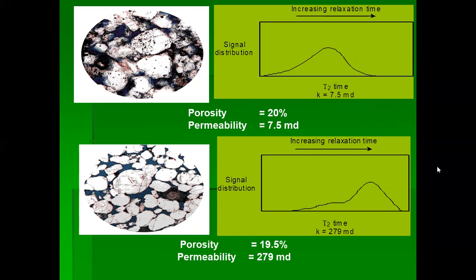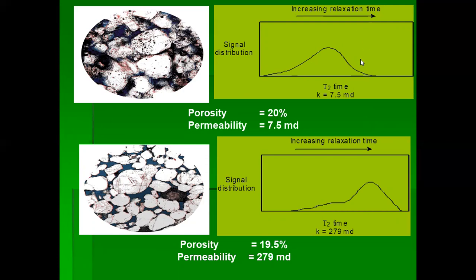The first sample has porosity 20%, the second sample has porosity 19.5%, while there is a great change of permeability. For the first sample, we have 7.5 millidarcy. For the second sample, permeability equals 279 millidarcy.